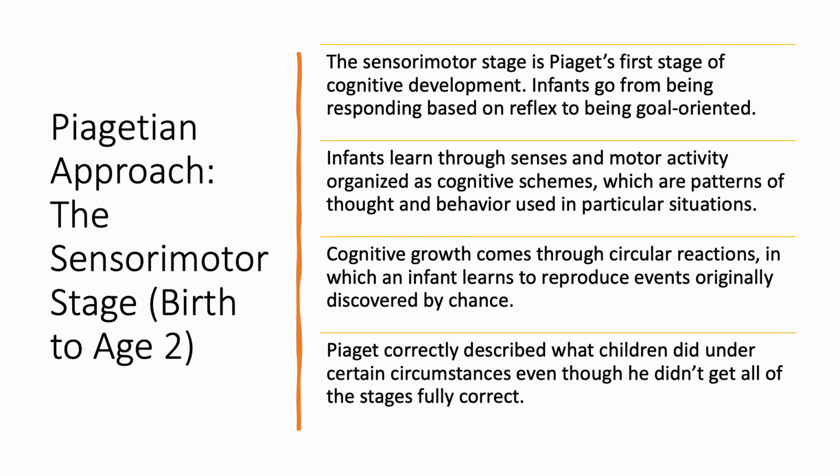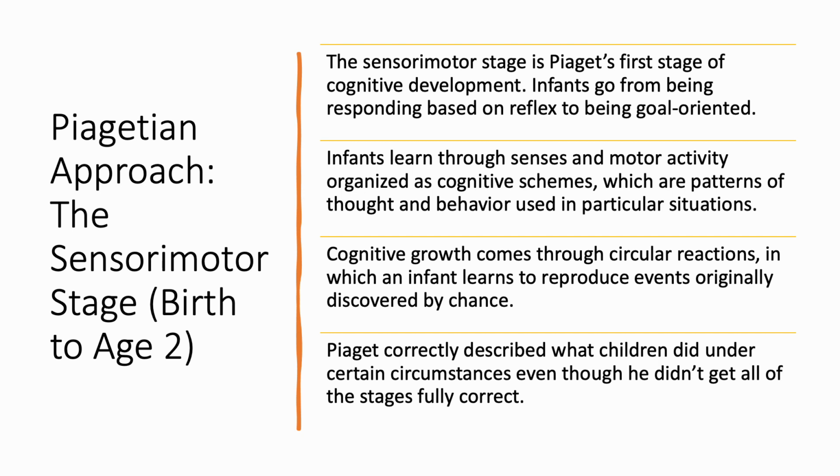Infants learn through senses and motor activity organized into cognitive schemes, which are patterns of thought and behavior used in particular situations. Cognitive growth comes through circular reactions, in which an infant learns to reproduce events originally discovered by chance.